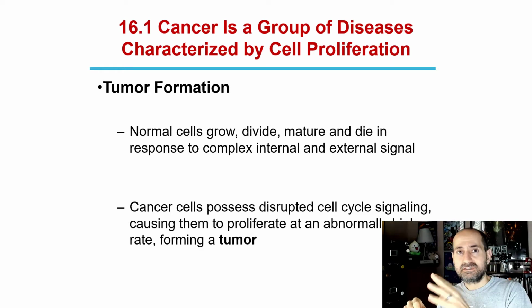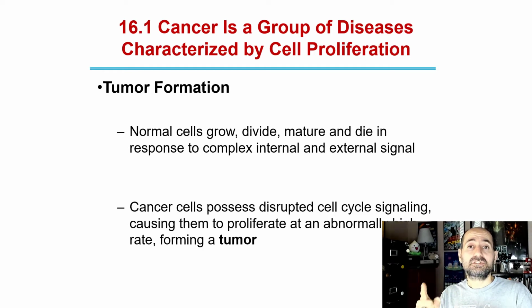There are paracrine signals. There are all of these signaling molecules that speak to your skin cells, and also there are signals inside of your skin cells that regulate cell cycle in the skin cell. So your skin cells should know, okay, I shouldn't be dividing right now. I've got the signal to divide. Now, let's do all the internal checks so that we could start the process of dividing.